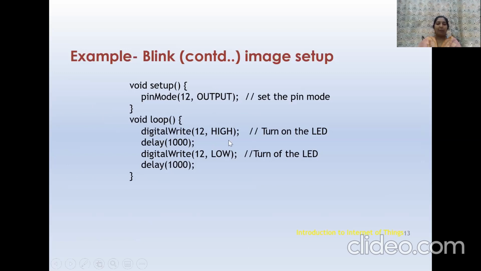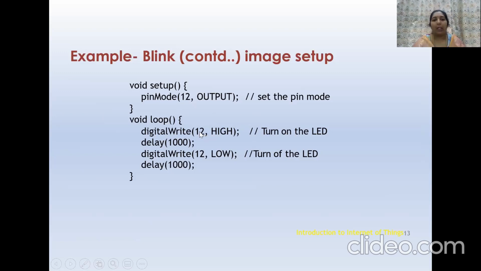Since we have only two states, we can use the digitalWrite function. Since the LED is an output device, you have to use write statements. In the first statement, you write digitalWrite(12, HIGH). This statement is used to turn on the LED.